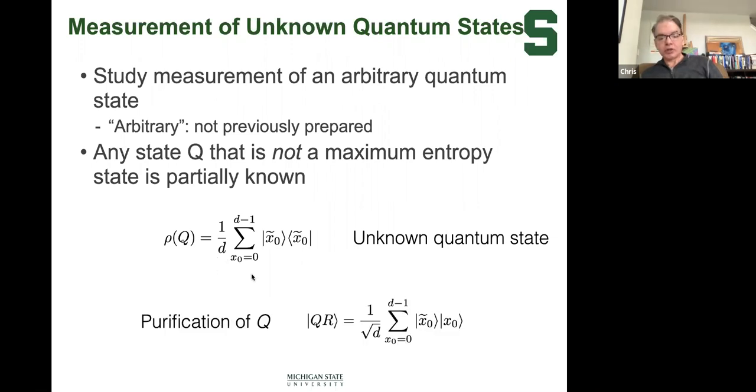Now, let's introduce the purification of this quantum state. There's a theorem that is easily proven that every density matrix like that can be written in terms of a wave function, where this R is called the purification. Now, what these purifying states are, we don't really know. They're not accessible to us. It's stuff that your quantum state is entangled with if it is a mixed state.